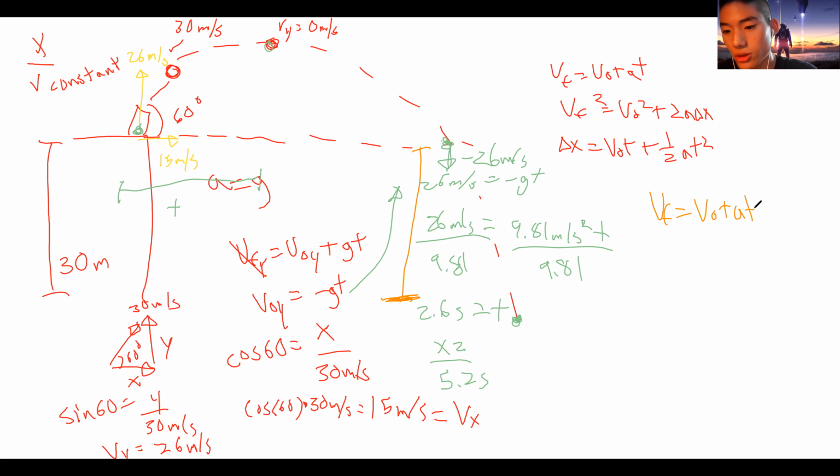You use your V naught as negative 26 meters per second, and your Vf is 0, because you're assuming that once it hits the ground, its velocity becomes 0 meters per second. It's not going to get sucked into the middle of the planet. It's just going to stay there, and that velocity is going to be 0. So you get 0 equals this plus at.